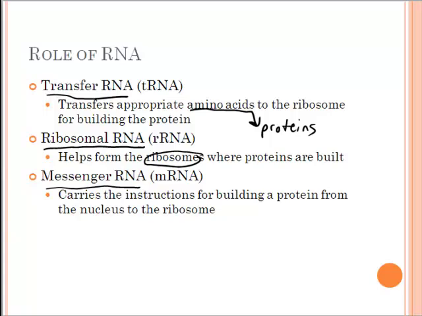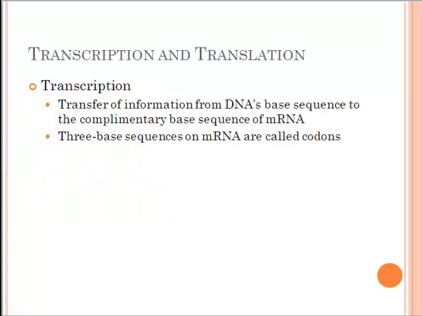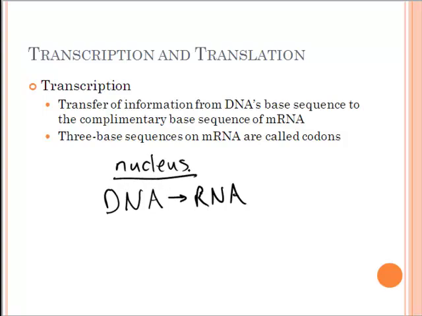This whole process happens in two steps. The first is called transcription, and in transcription we are simply going from DNA to RNA. Transcription happens inside the nucleus. Then there's the second process, which is called translation.